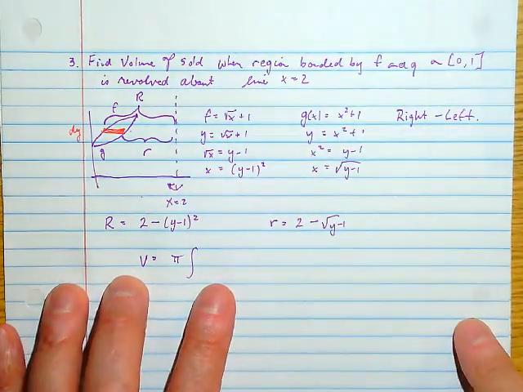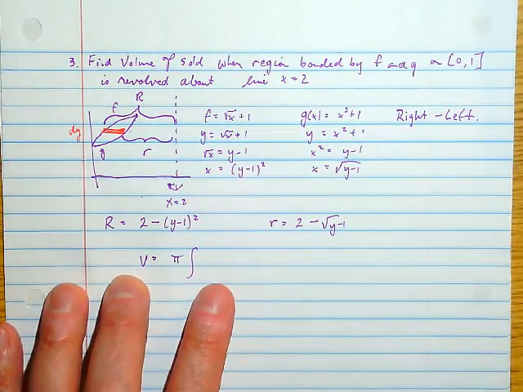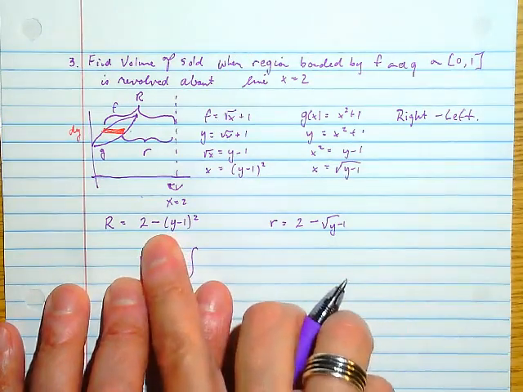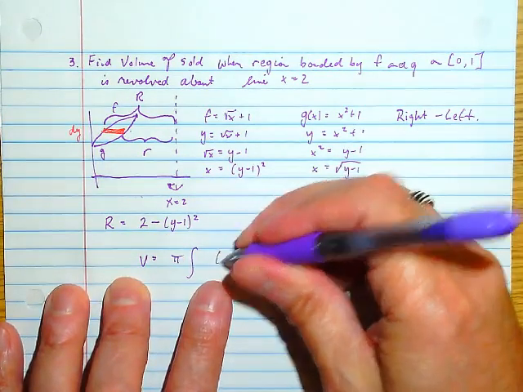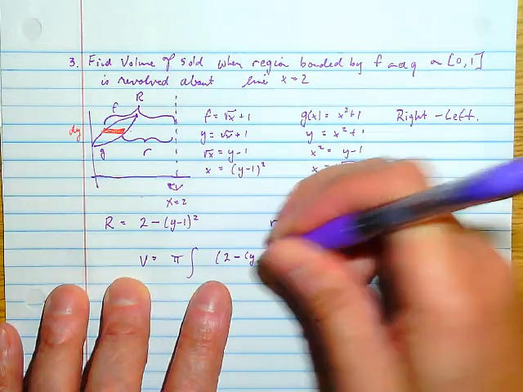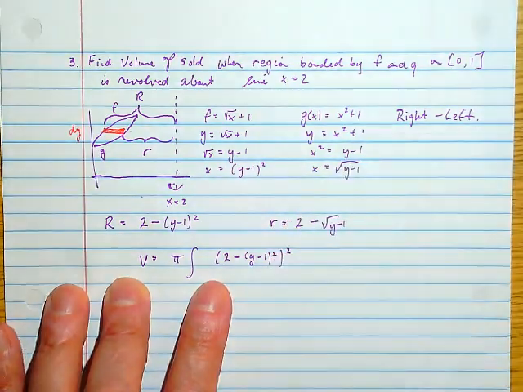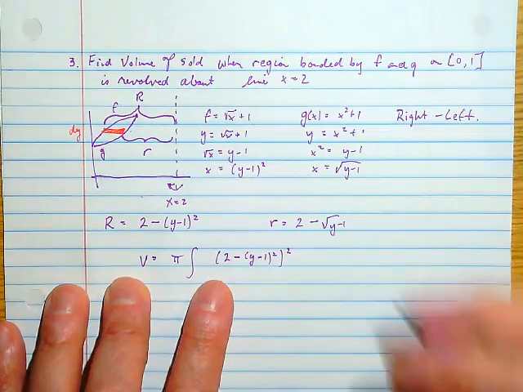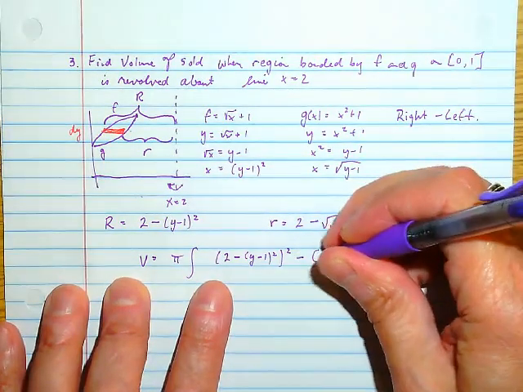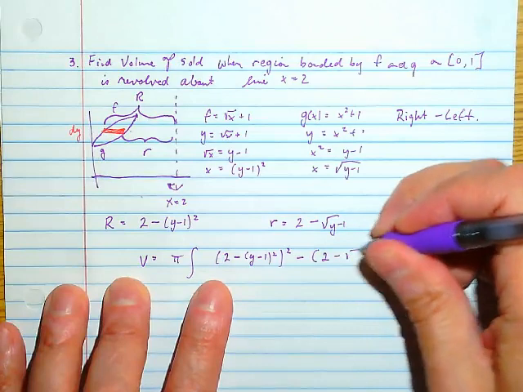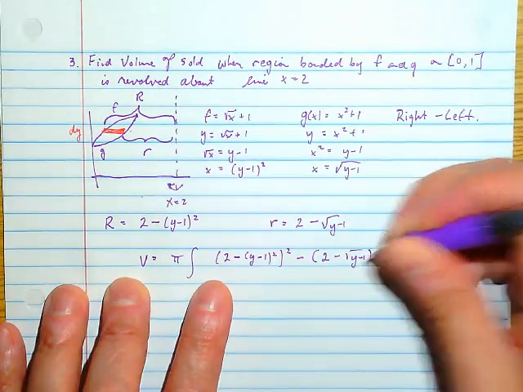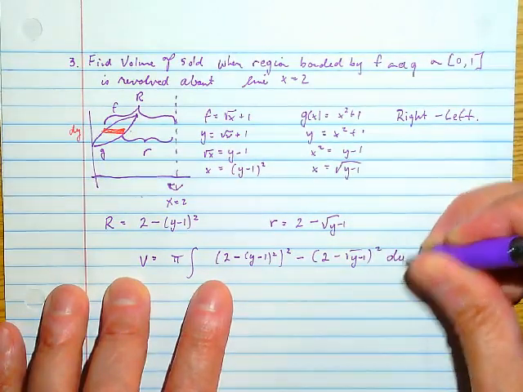I'm going to come back to those limits of integration. I want to make sure that we get this set up right. This would be this term, 2 minus y minus 1 quantity squared, right? Minus little r squared, 2 minus square root of y minus 1, square that, and this is a dy.